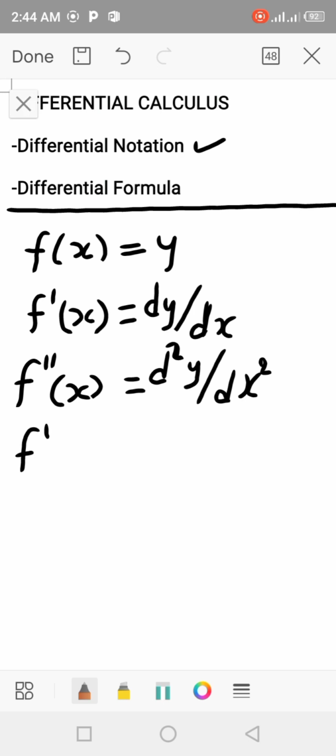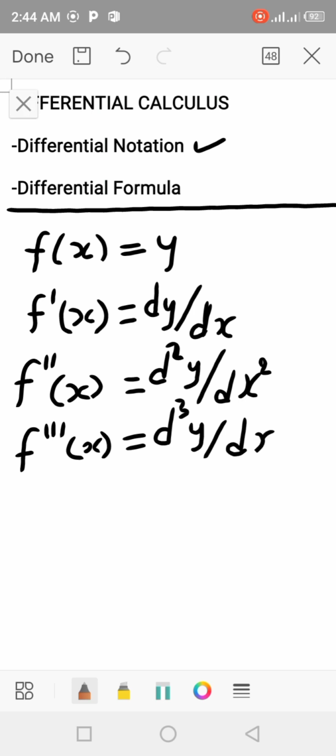And if you are talking about the third order derivative, that's going to be d cubed y over dx cubed.